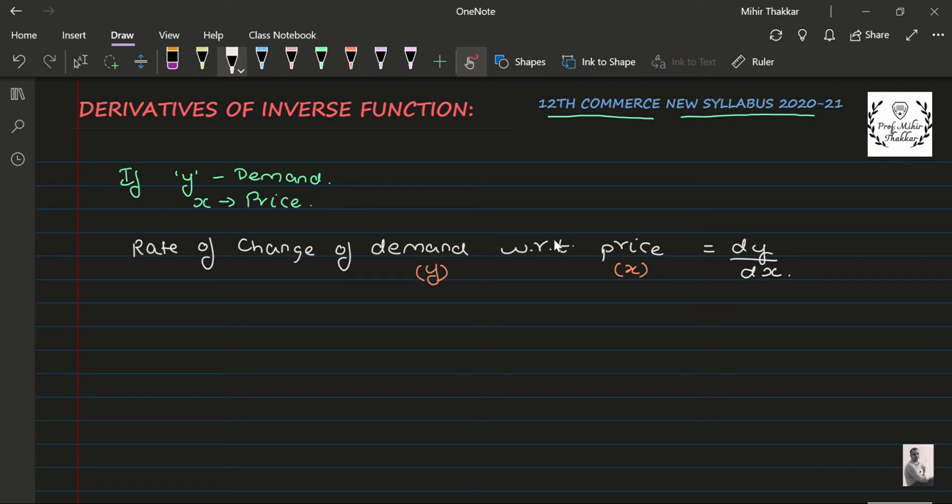But in case x and y are interchanged, say for example in a certain question we come across: if x is demand and y is price, still the question remains the same.